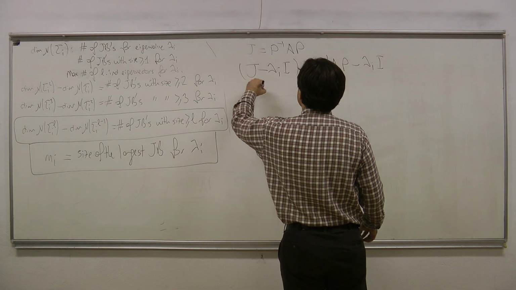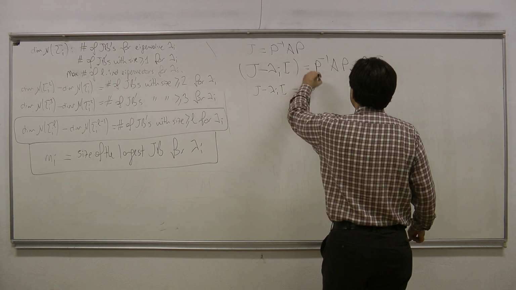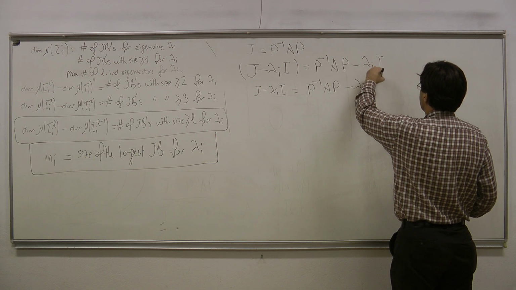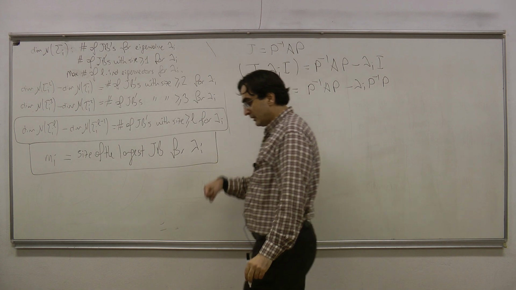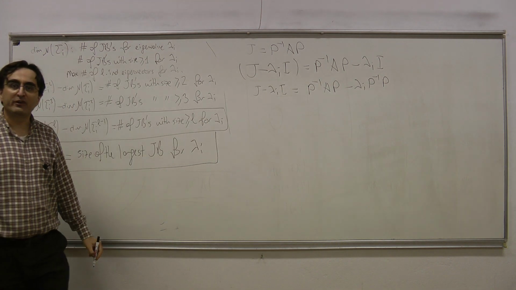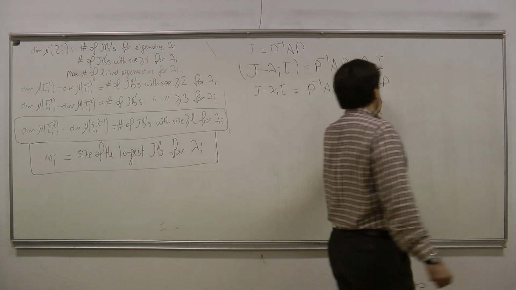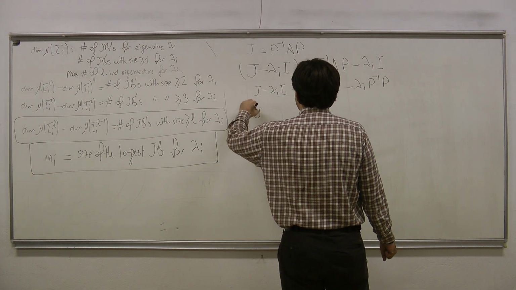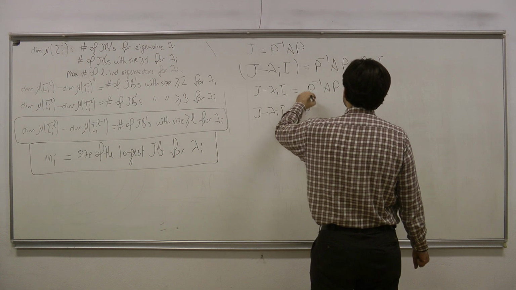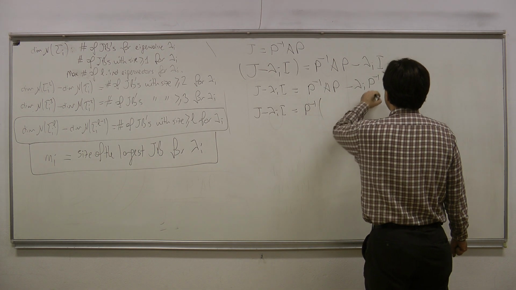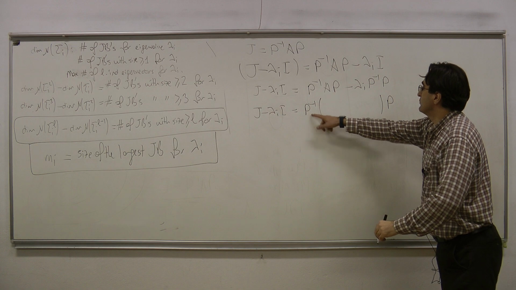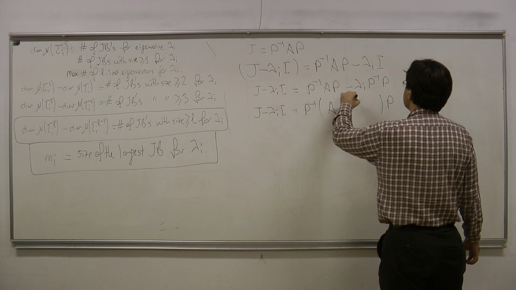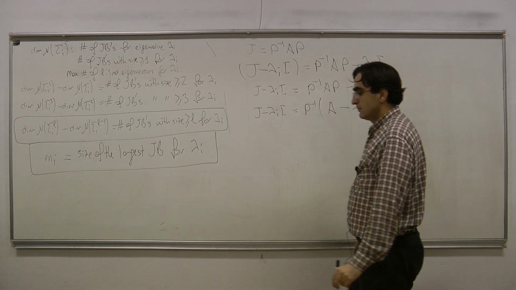So I have J minus lambda I identity equal to P inverse AP. Instead of the identity matrix, I will write P inverse P, because we know that P is an invertible matrix. Now I put P inverse parentheses on the left and P parentheses on the right, and inside I have A minus lambda I identity.